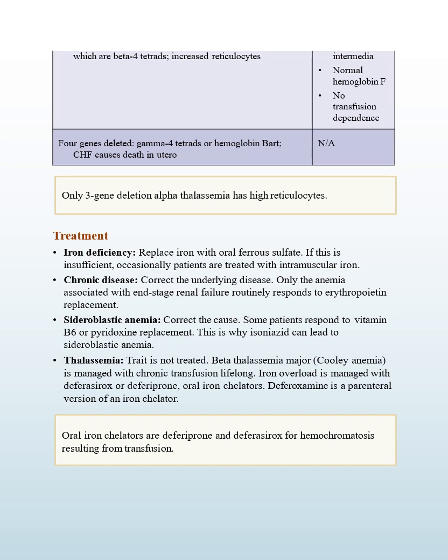And if we have end-stage renal disease, we need to respond with erythropoietin replacement. In case that we have sideroblastic anemia, we need to correct the cause. Some patients respond to vitamin B6 or pyridoxine replacement.